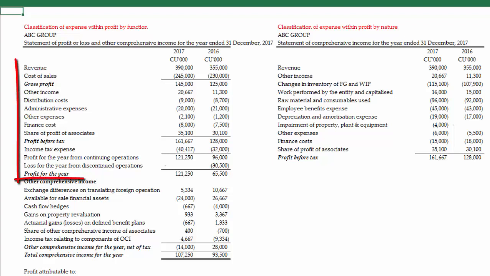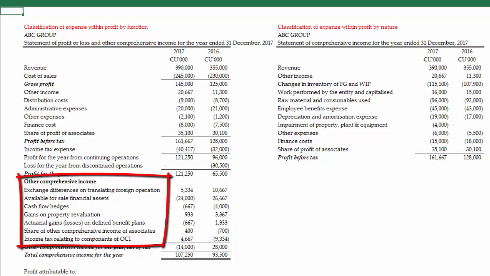The items of income and expenses in the statement of profit or loss arise from the normal trading activities of the entity, while items of income and expenses in the statement of other comprehensive income arise from remeasurement of assets or liabilities.